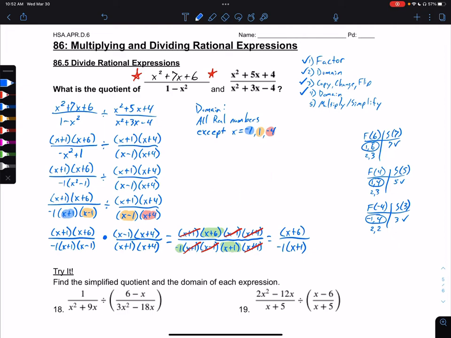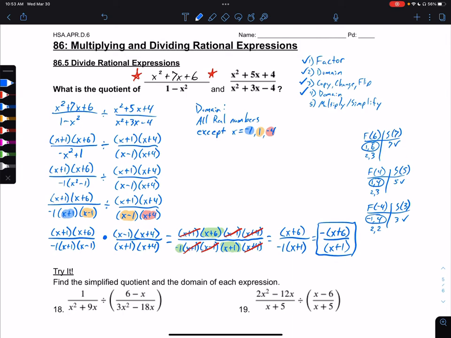That negative can be moved to the numerator, and you can say -1 or just negative x plus 6 over x plus 1. All right, if you did stop here, I mean, you're not technically wrong, it's just not in your standard way of writing it. So you should try to always take a negative and just move it up into the numerator.